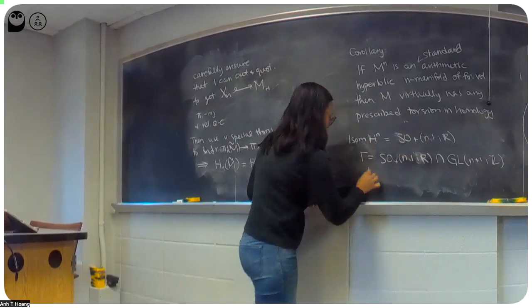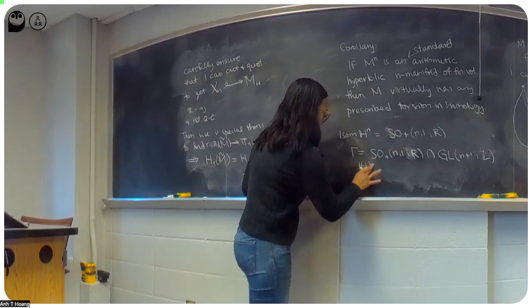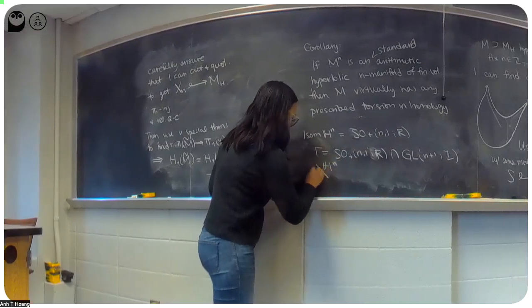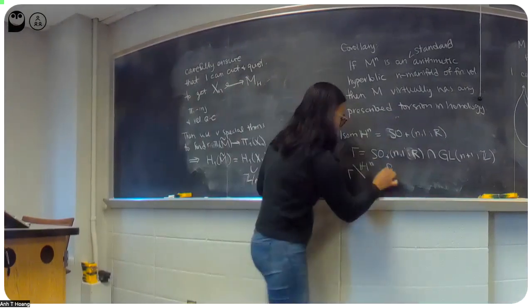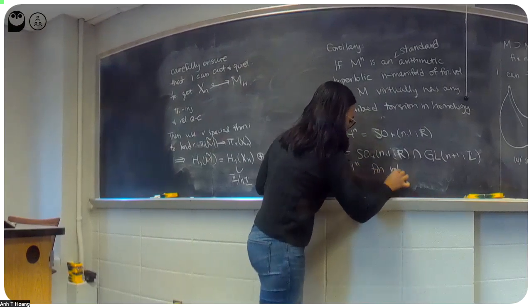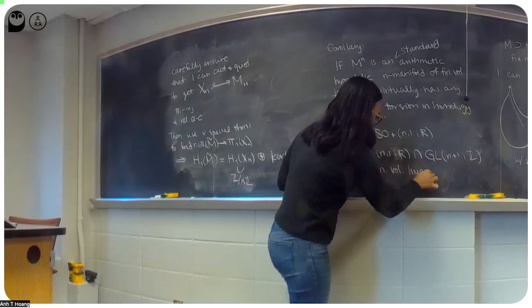So again, if I take Hn and quotient by this, I get a finite volume hyperbolic orbifold.